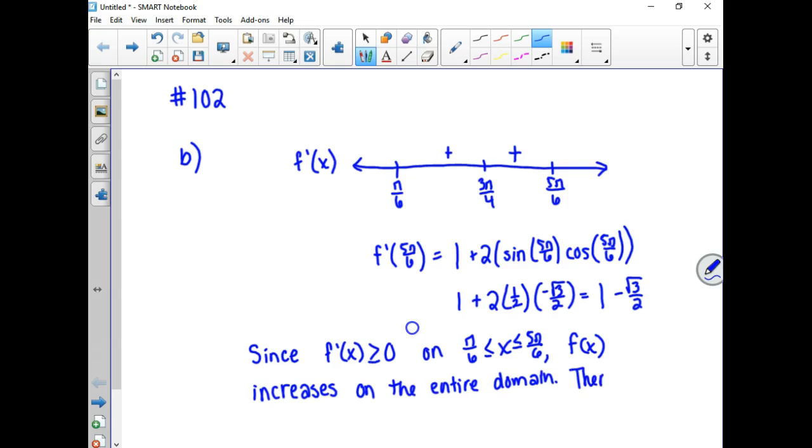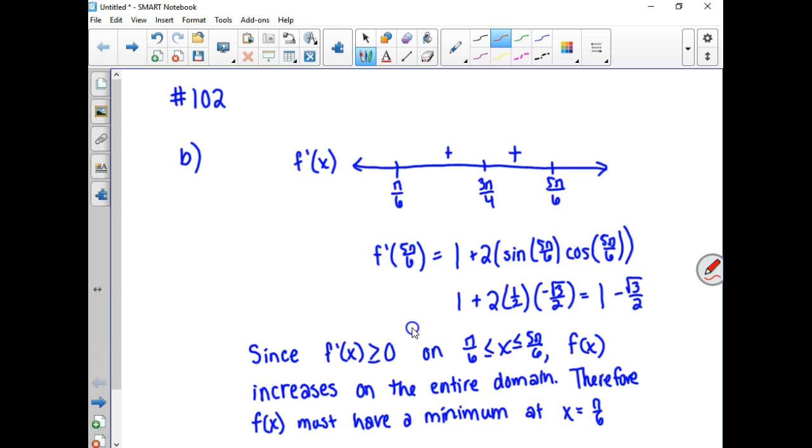Therefore, f of x must have a minimum at x equals pi over 6.